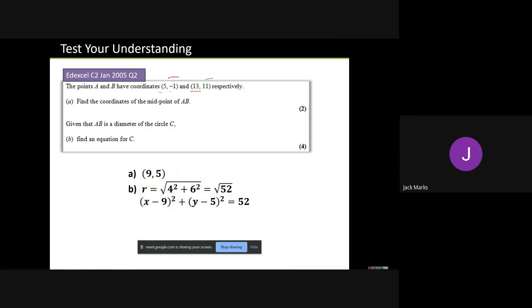Or what they have done here, let me just check. Yeah, they've used this point and the midpoint, and they've done Pythagoras with this, which will also give you the answer for the radius. Don't forget to put it in the formula, and squaring cancels out a root. That's why it's just 52.